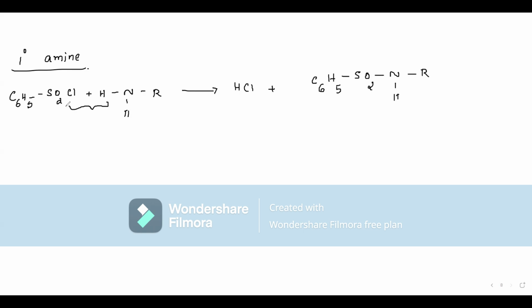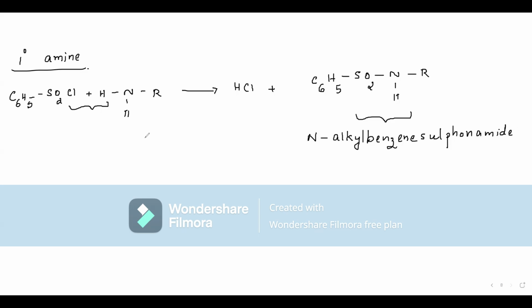Primary amines react with Hinsberg reagent to give a sulfonamide. This particular product is a sulfonamide. To be precise, this is N-alkyl benzene sulfonamide.